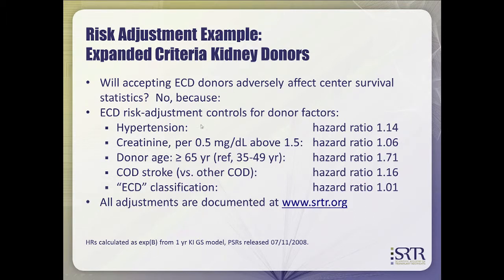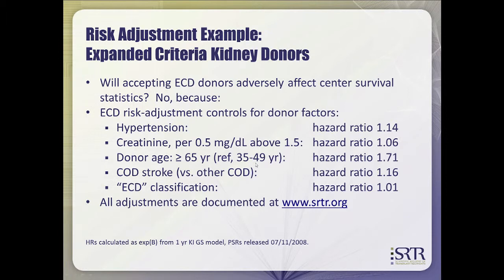The things that are important to know from the risk adjustment models is that hypertension in the donor is accounted for, and you get a credit of 14% increased risk by using a donor that's hypertensive. Terminal creatinine is accounted for, again, with a hazard ratio of 6% higher risk for every 0.5 milligrams per deciliter of creatinine.